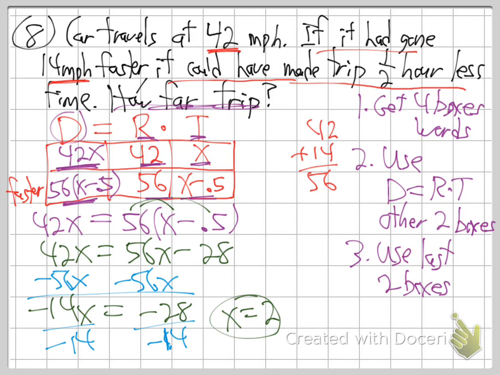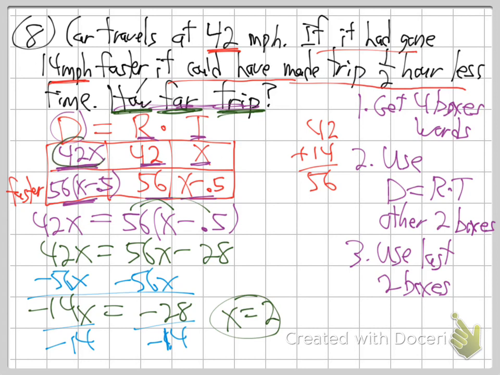We've got to always pay attention to what they're asking. What is it they want to know from us on this problem? What are they asking for? How far's the trip? So remember, this x is like a key. I can unlock any of those doors. I just got to make sure I go to the right door. What door do they want? Where's the how far door?